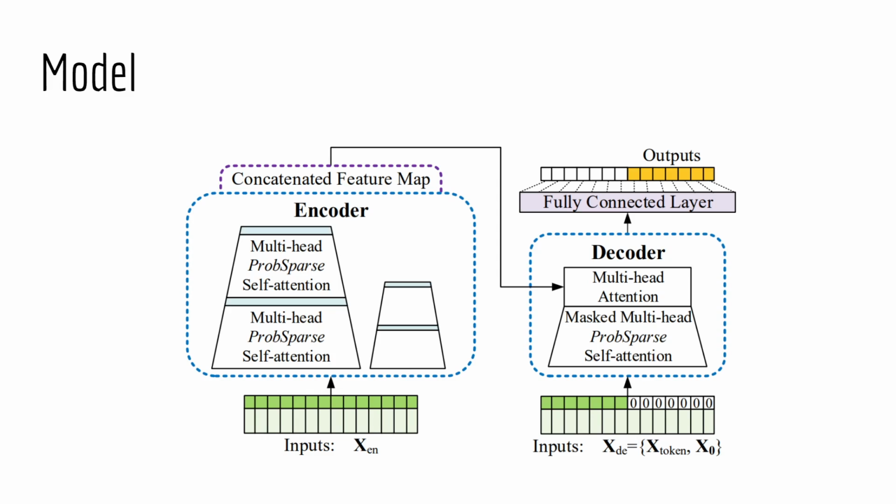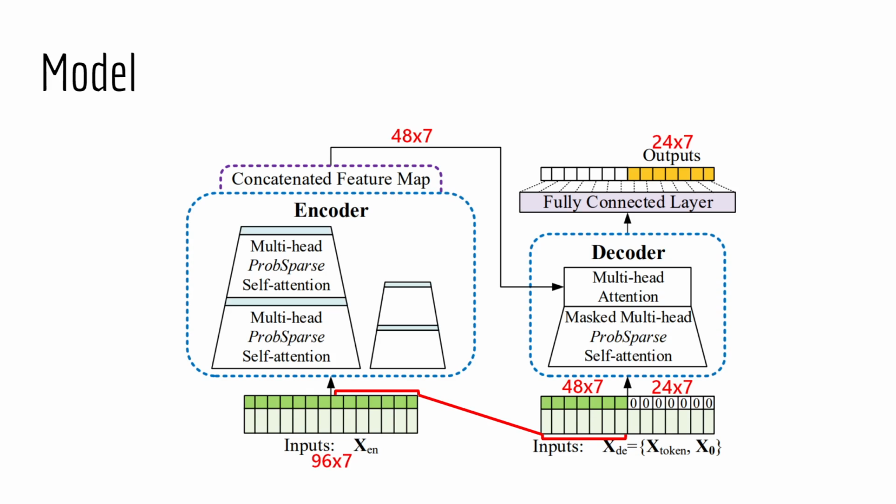This then goes through the decoder structure, which uses the newly proposed ProbSparse self-attention and regular attention with the encoder's output. This result is then put through an FC layer to return the generated output.